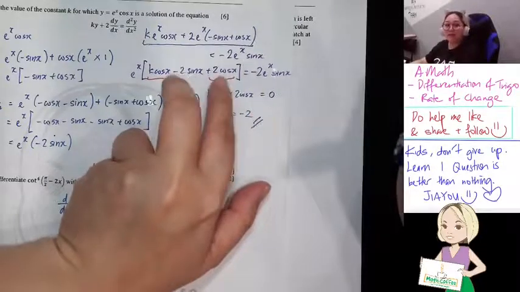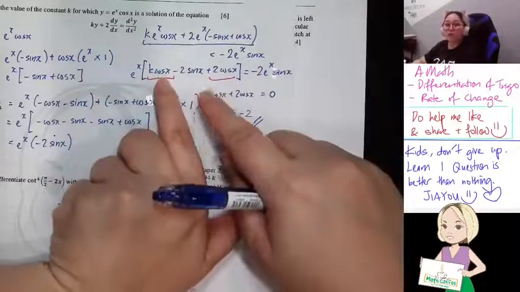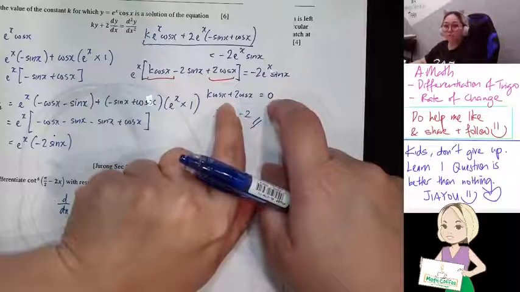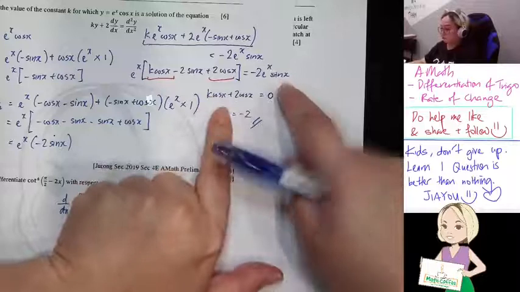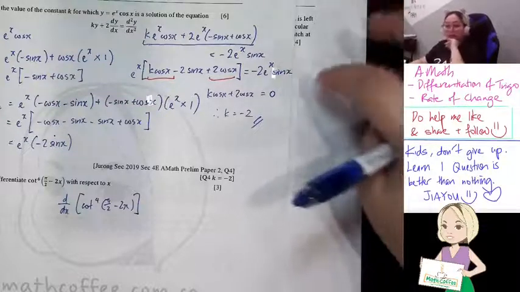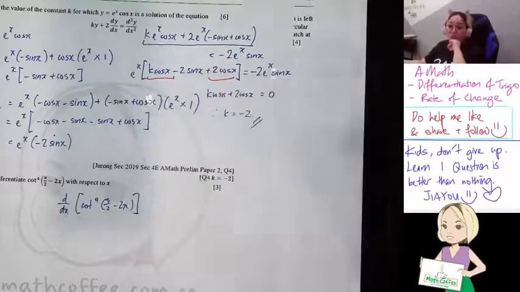And since my left hand side has two terms that have cosine x, when I add them together, they must equal 0. You understand why I get 0 now? Because the right hand side doesn't have any cosine x term, so the two terms on the left hand side must equal 0.